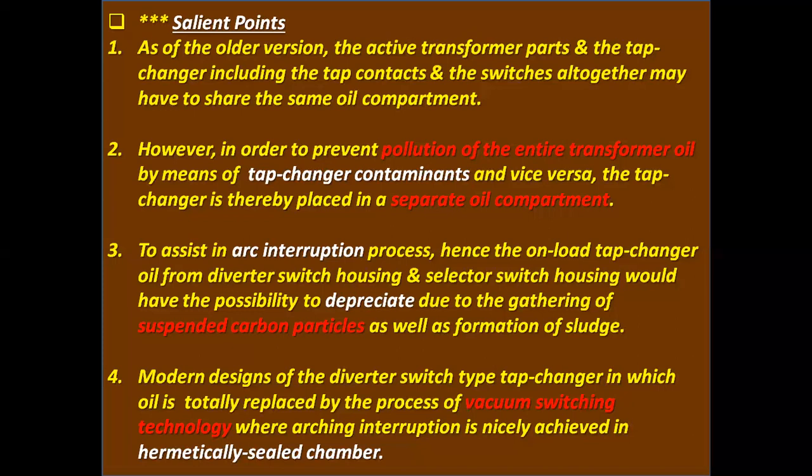Number four, modern designs of the diverter switch type tap changer, in which oil is totally replaced by vacuum switching technology, where arc interruption is achieved in a hermetically sealed chamber. The latest version is the modern design concept.